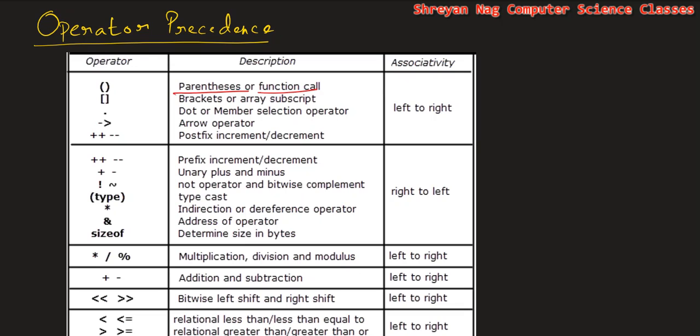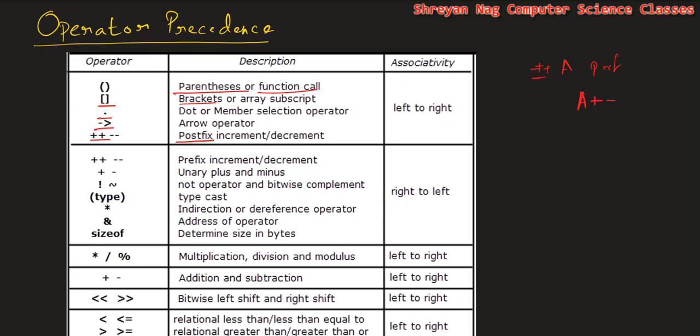Then your brackets or array subscript, then the dot operator, arrow operator, then post increment. Just remember that this is post increment. Postfix, we have studied in the previous classes: if a variable has the operands on the left side, then it is prefix.